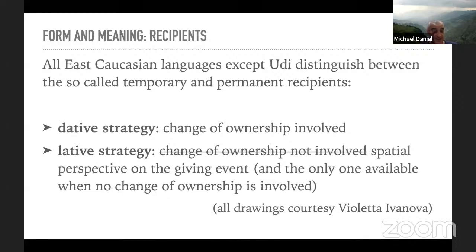And this is why in many descriptions nowadays, it's considered to be a distinction between change of ownership, no change of ownership, or permanent versus temporary recipient. It's not a very correct explanation of this. So again, we see not only temporary possessors, but also temporary recipients are not purely syntactic meanings, not purely abstract meanings, but have very strong ties with spatiality, if not spatial all the way along.